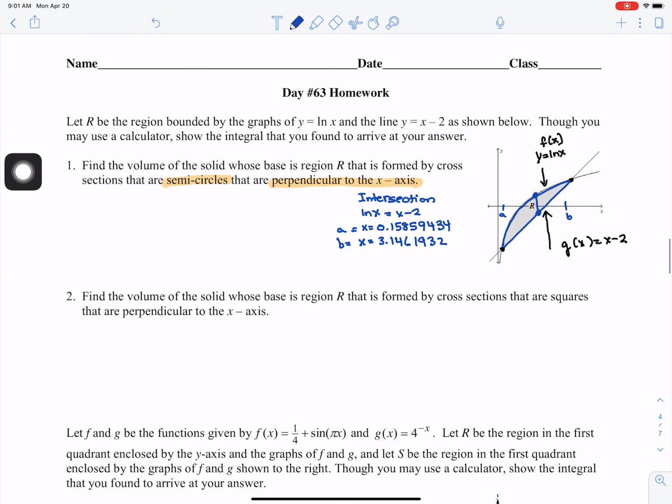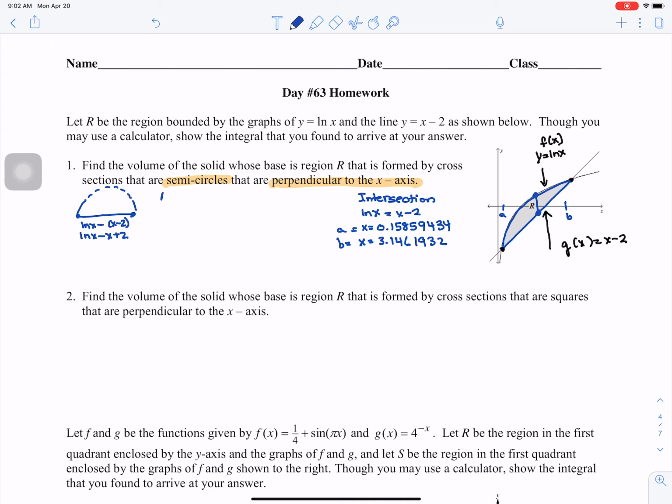Now we're doing cross sections that are semicircles. So there's my base, which is ln x minus (x minus 2), which simplifies to ln x minus x plus 2. Then my cross sections are semicircles sticking out of the page.